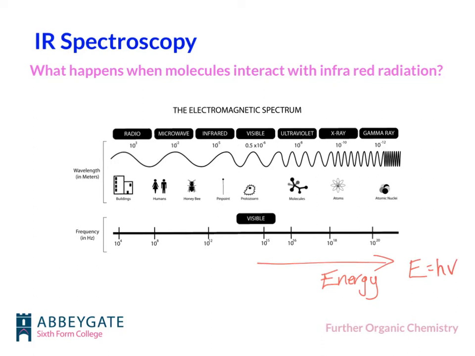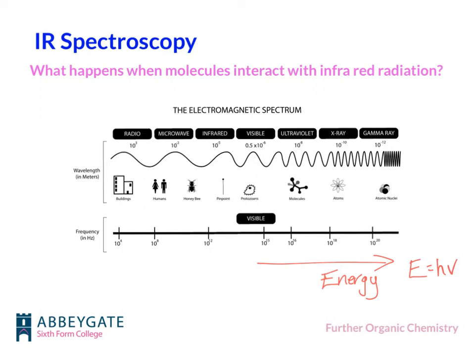So energy is directly proportional to frequency, but it's inversely proportional to wavelength. So a long wavelength means a low frequency, which means a low energy, whereas a short wavelength means a high frequency and a high energy.